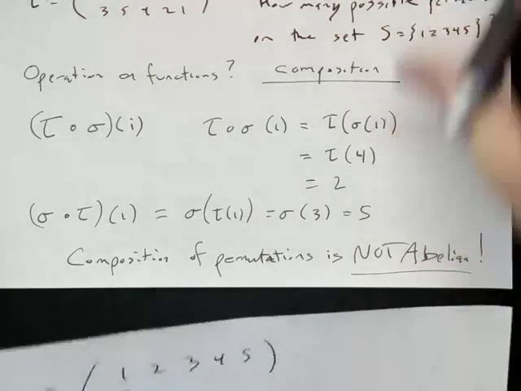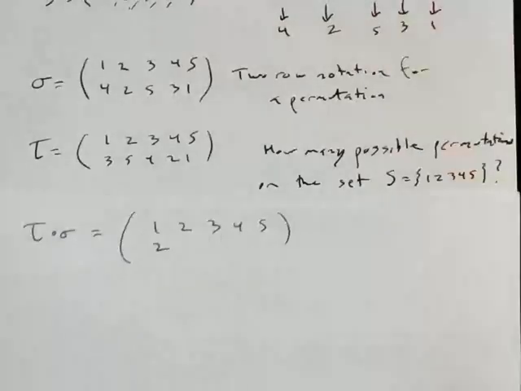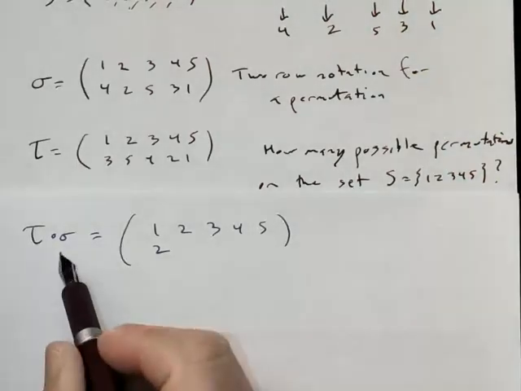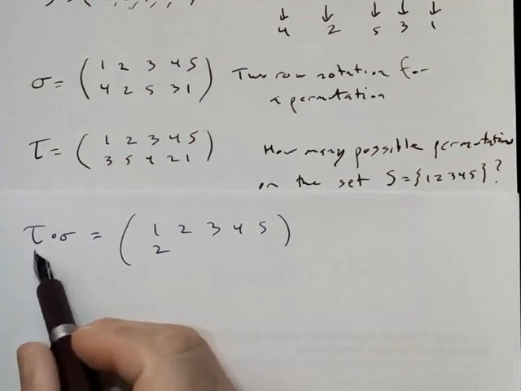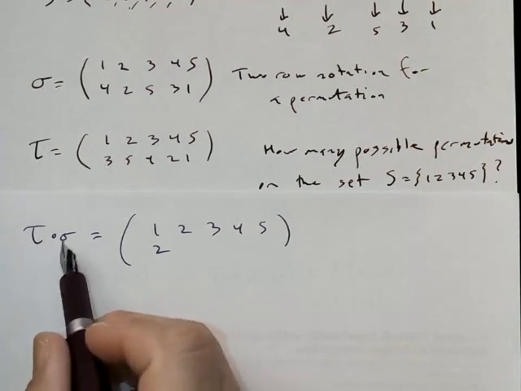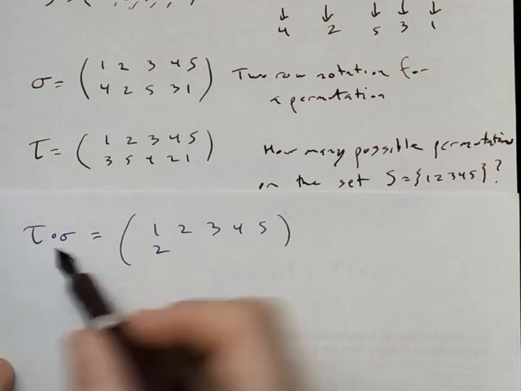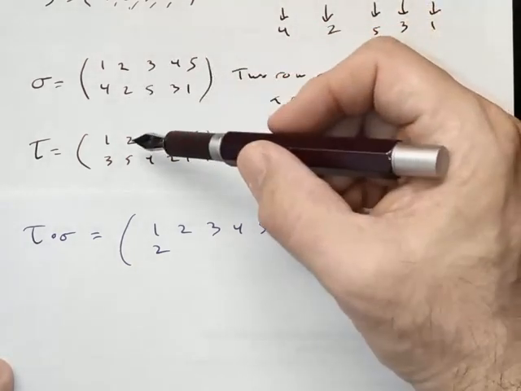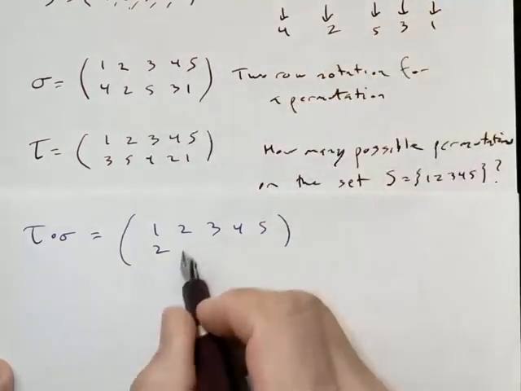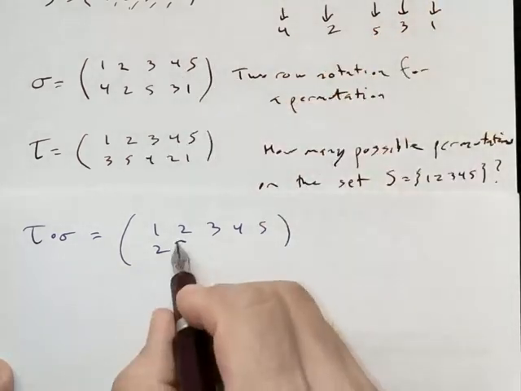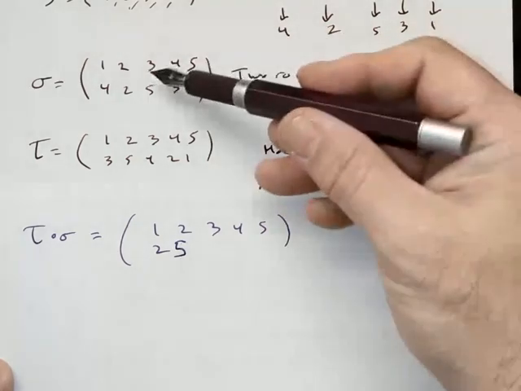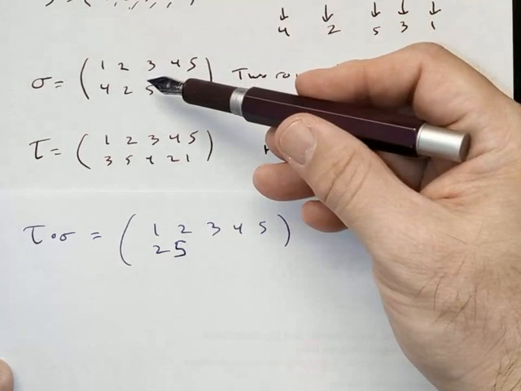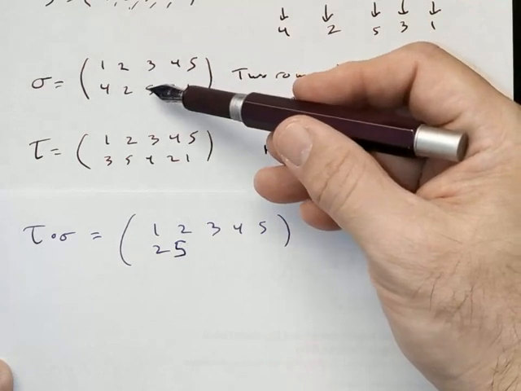So I pull back the sheet a little, and I look at 2. I go from right to left here. I do sigma first. So what's sigma of 2? 2. Tau of 2 is 5. Sigma of 3. 3 goes to 5.